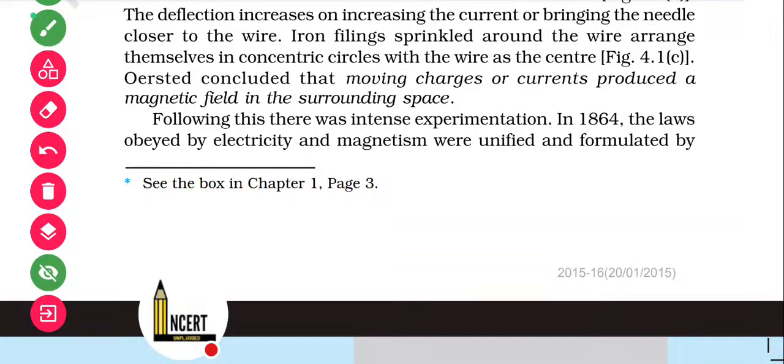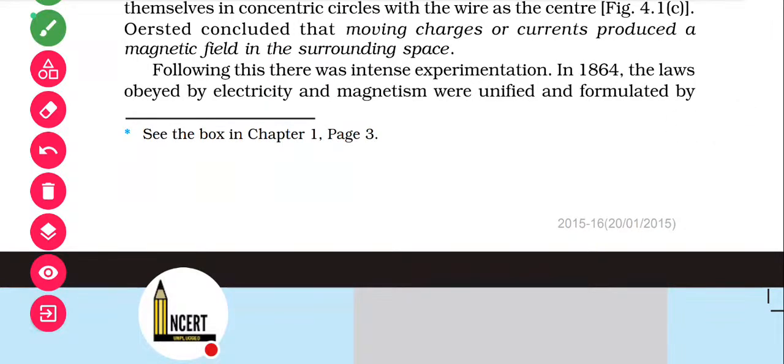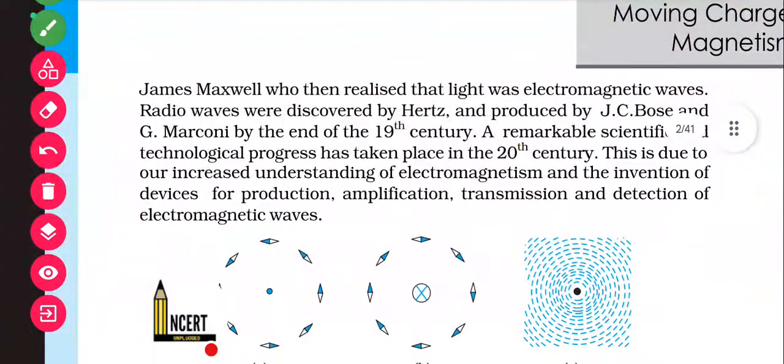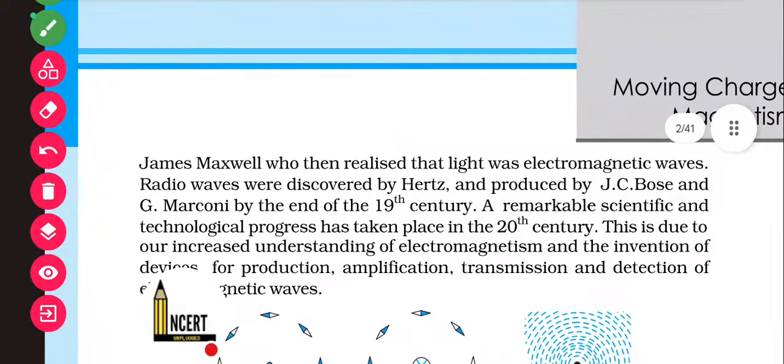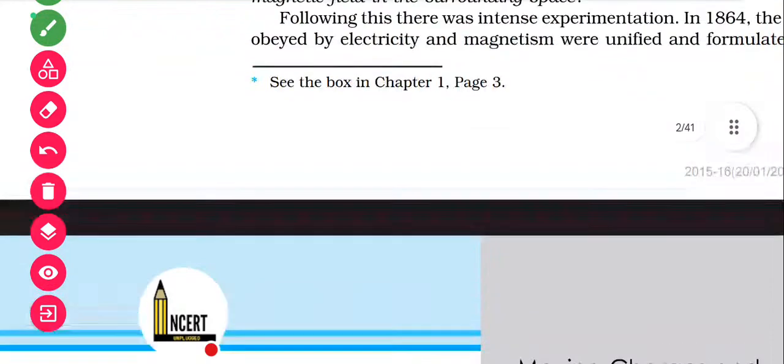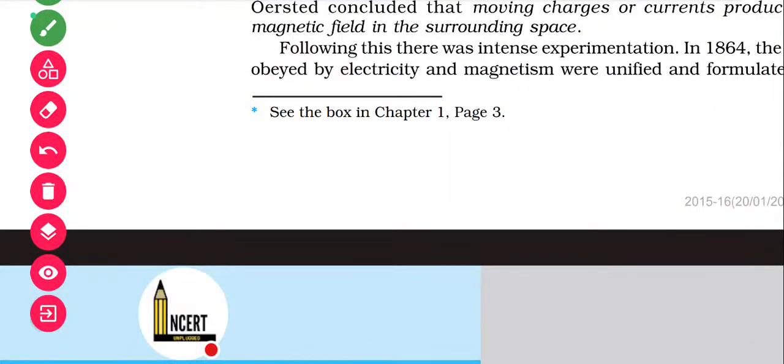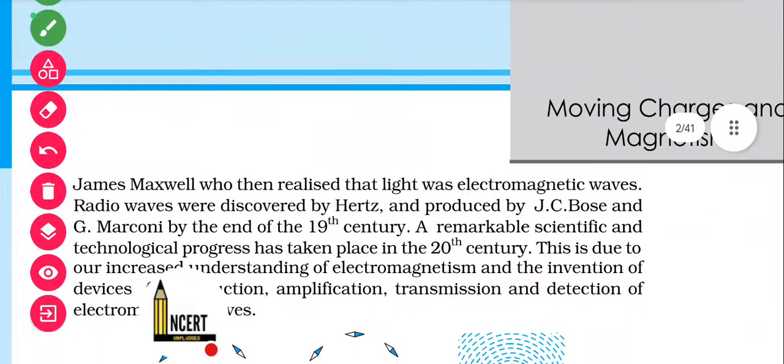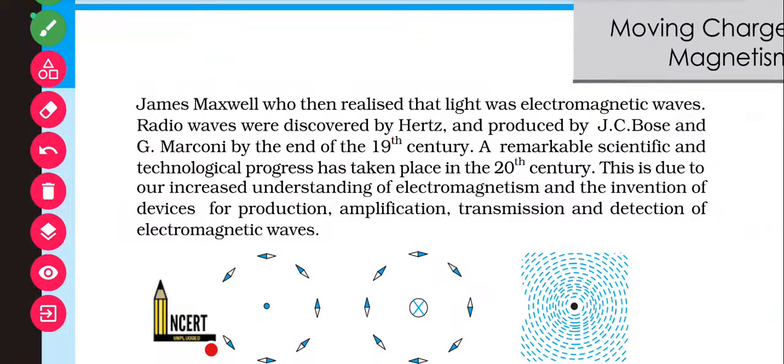Following this, there was intense experimentation. In 1864, the laws governing electricity and magnetism were unified and formulated by James Maxwell, who then realized that light was an electromagnetic wave. It is a breakthrough. You will study in chapter 8 that light has both an electric field and a magnetic field, and these two were united.